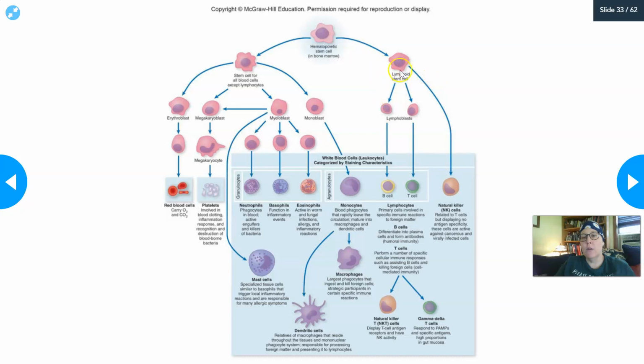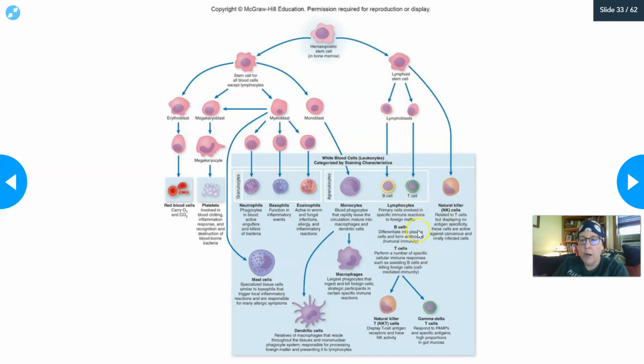The lymphocytes will ultimately be responsible for your adaptive or specific immunity. So you get a lymphocyte stem cell, or lymphocyte precursor. It will develop into lymphoblasts, and then they'll become naive lymphocytes, and then they can develop into B cells and T cells.